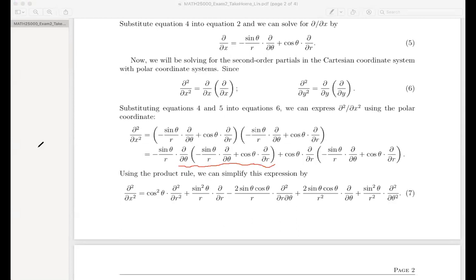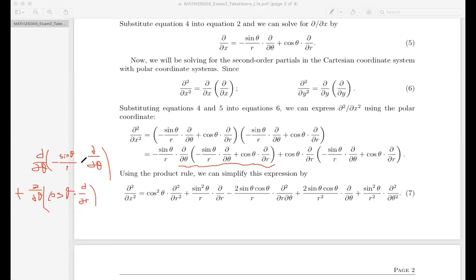it's just partial over partial theta of minus sine theta over r times partial over partial theta, plus partial over partial theta of cosine theta times partial r.